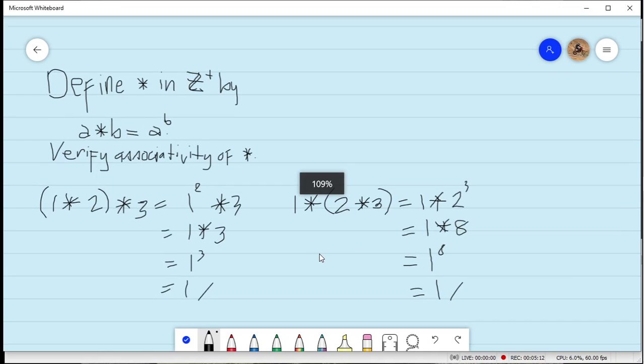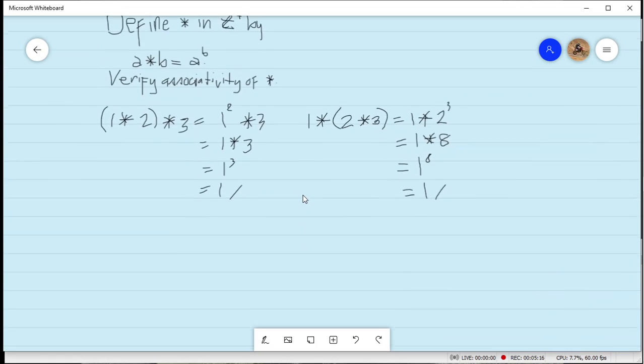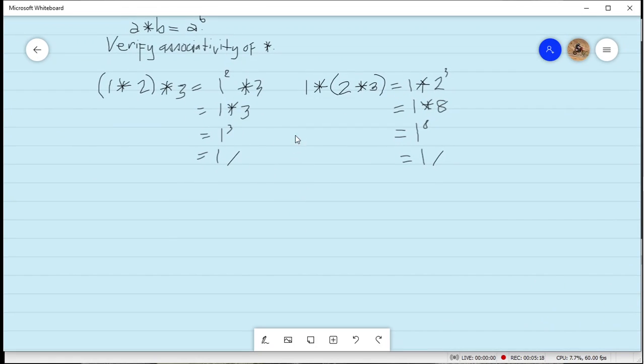But again, as I have said, this is a case wherein the statement holds true, and this cannot be the basis for saying that the operation is associative, when in fact it could be proven that the operation is not associative.